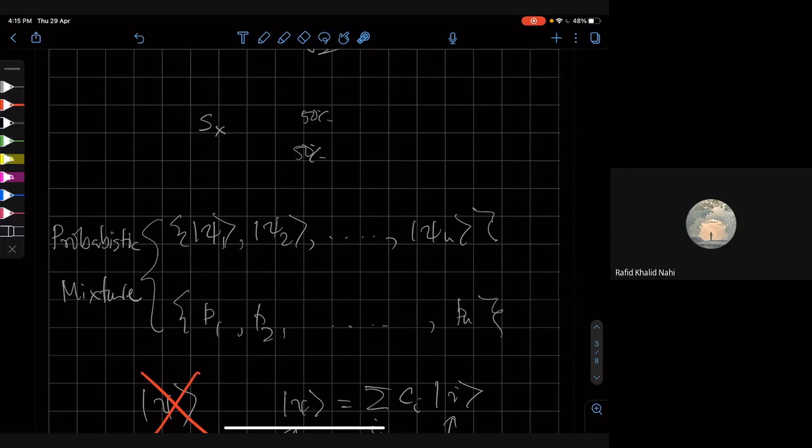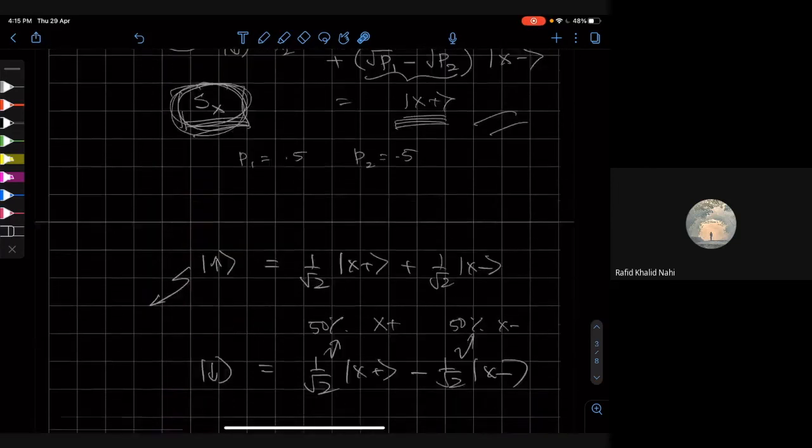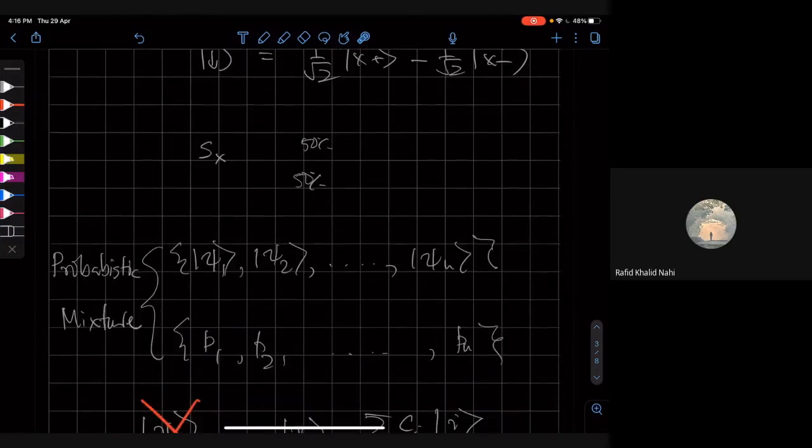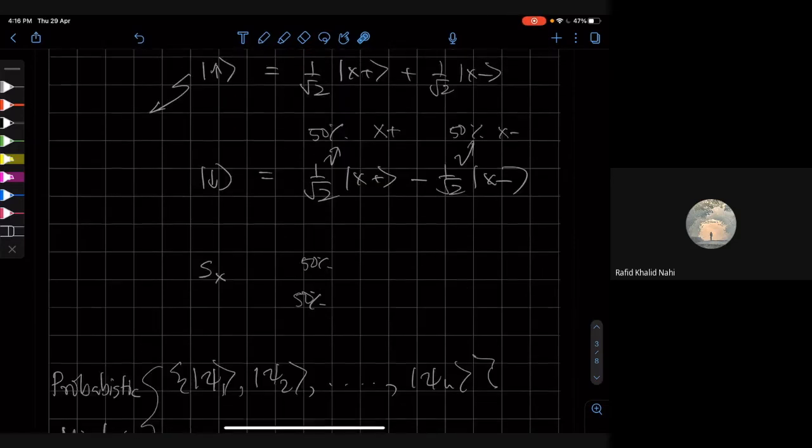So if you change that basis, of course, you're going to get different statistics, in principle. I chose 50% here, and that's why for the density matrix we didn't get different statistics.